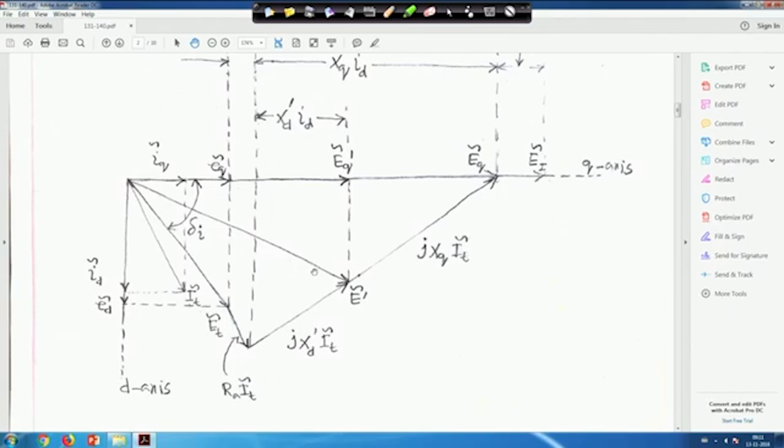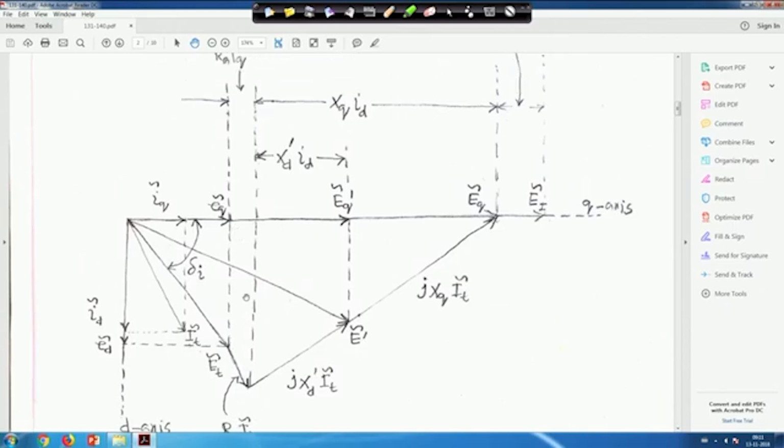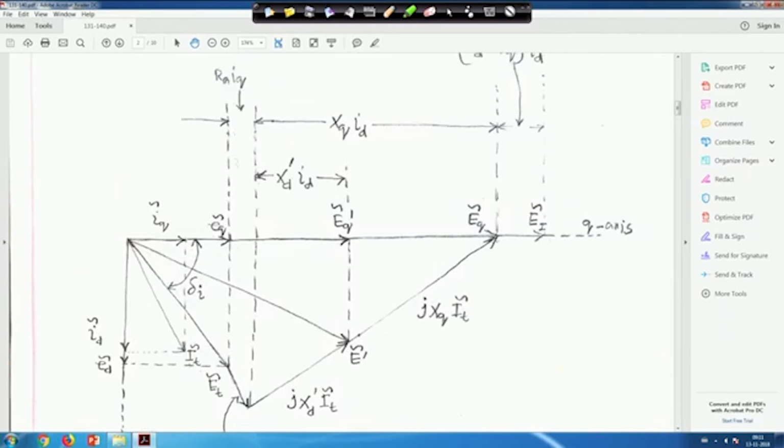This angle is delta I, which we explained earlier. This is the Q axis component IQ tilde of IT, and the D axis component is ID tilde. Similarly, for ET tilde the D axis component is ED tilde and the Q axis component is EQ tilde. And this one is RAIQ.